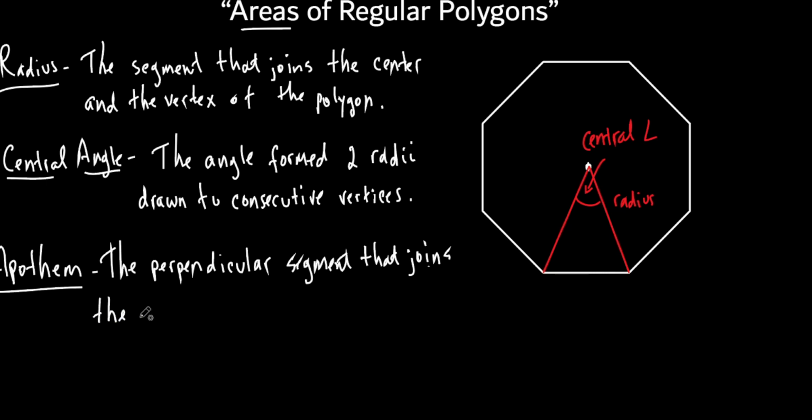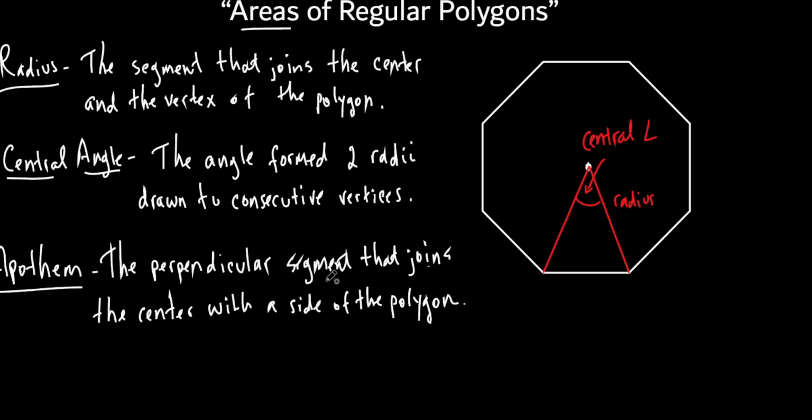So it starts at the center again, just kind of like the central angle did, that joins the center with a side of the polygon. I'm going to do this in a different color because we've got too much red over here. So let's go with that yellow.